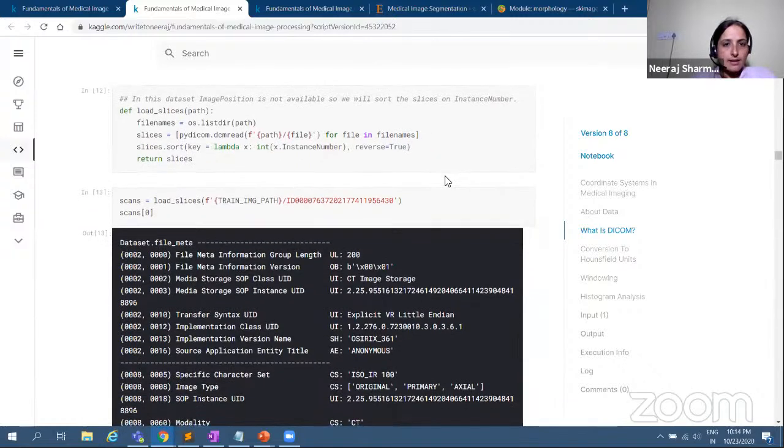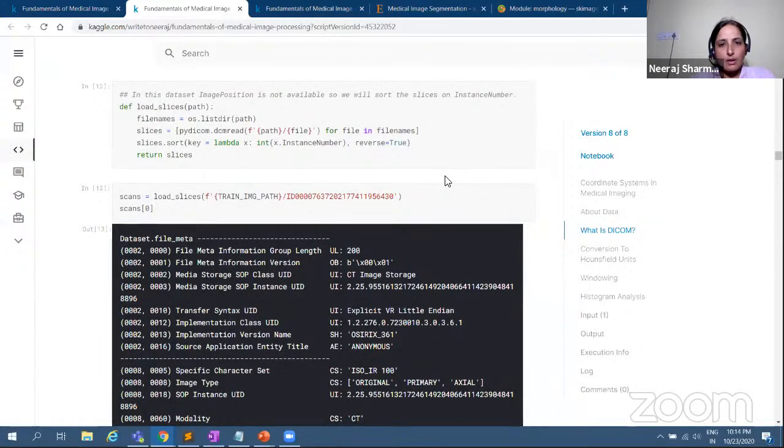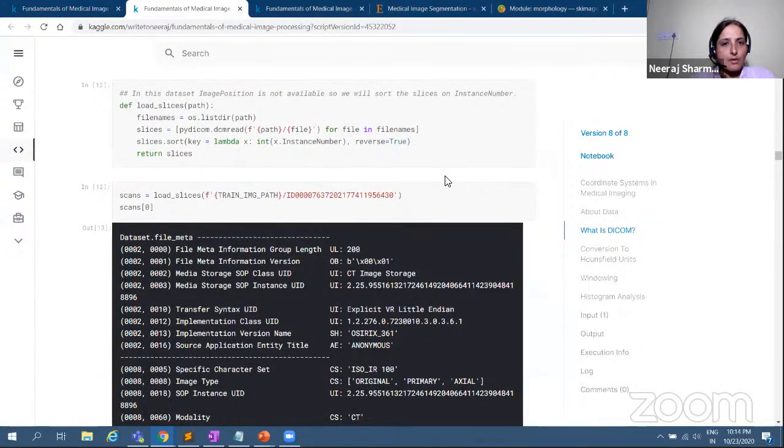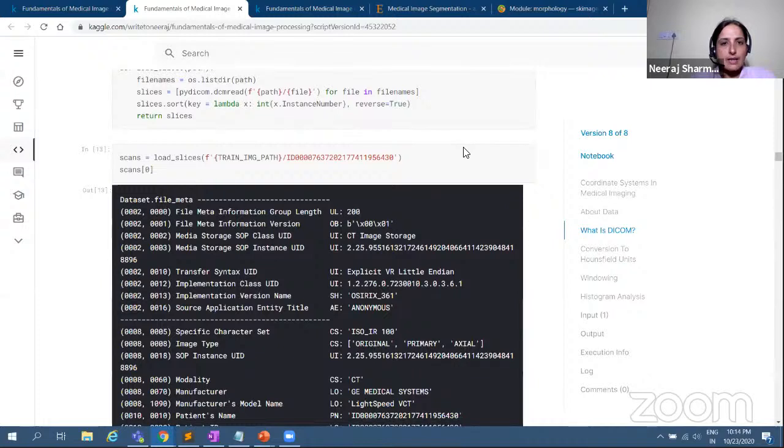So slices is nothing but the list of all the 2D slices of a scan. Then I'm sorting them based on their instance number, because when we plot in 3D, those slices should be in sequence order.